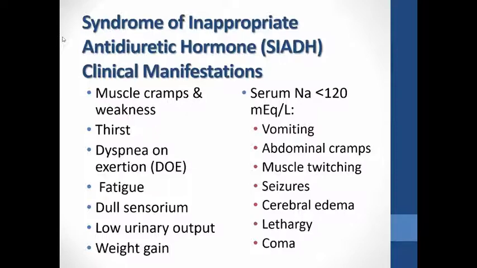So in terms of a low sodium level, you may see vomiting, abdominal cramps, and muscle twitching, once again because you're not having an adequate exchange of sodium and potassium, because you don't have enough sodium, and subsequently the seizure activity accordingly.